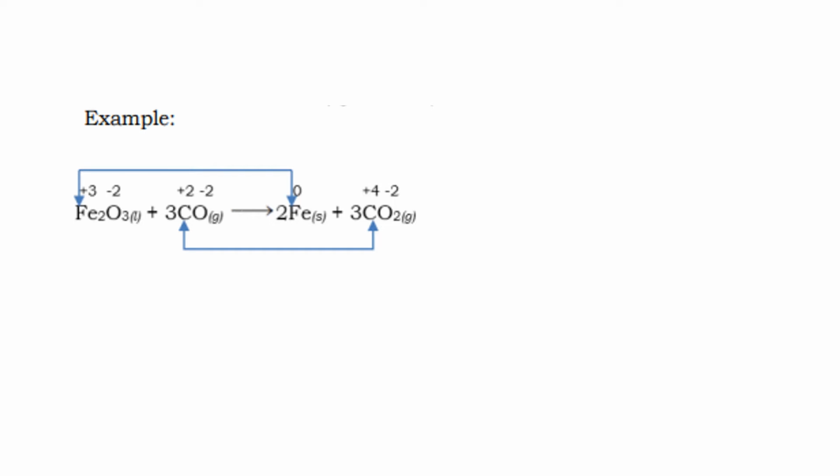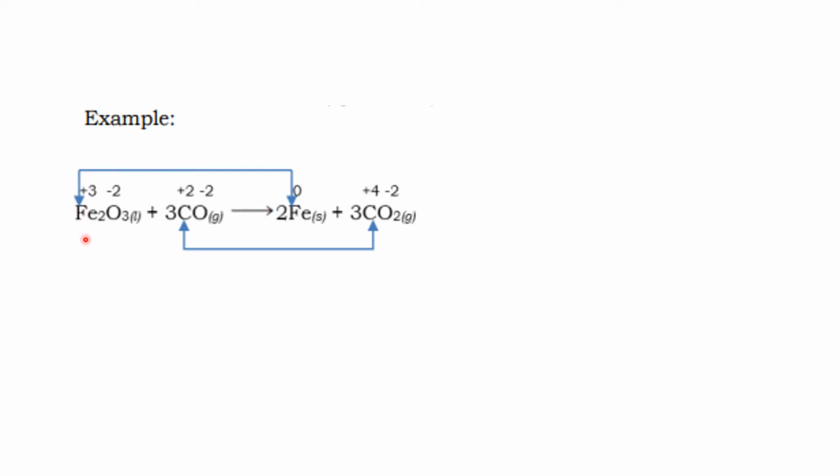assign all the oxidation numbers for the individual atoms in the reaction. So as you can see here, from the left side to the right, we have the oxidation numbers of the individual atoms. Iron is +3.